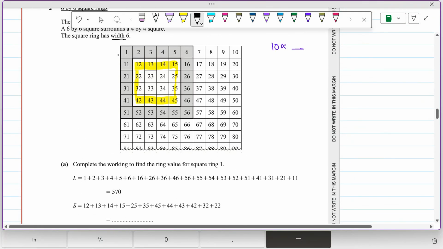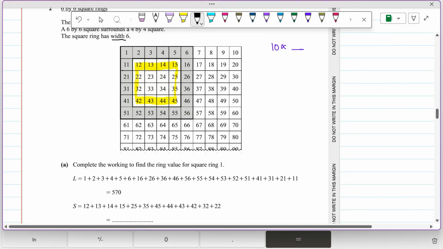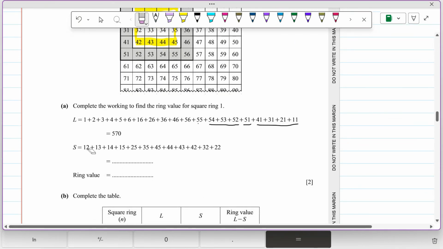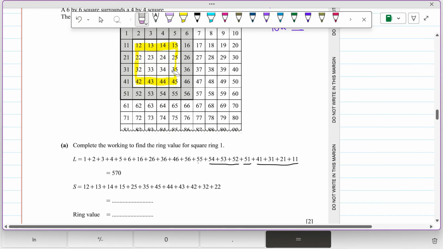So we add the sum of the values of the large square, which are 1, 2, 3, 4, 5, 6, then 16, 26, 36, 46, 56, then 55, 54, 53, 52, 51, then 41, 31, 21, 11. These are the sum of the values of the large square, and when we add them, we get 570. Now S is the sum of the values of the small square, which I shaded in yellow.